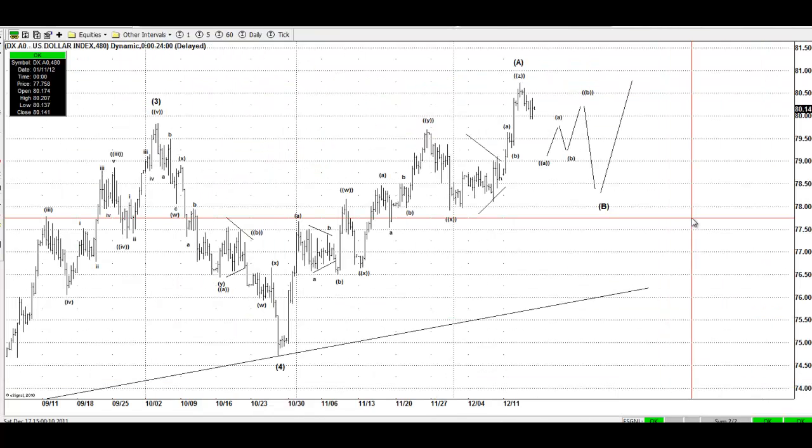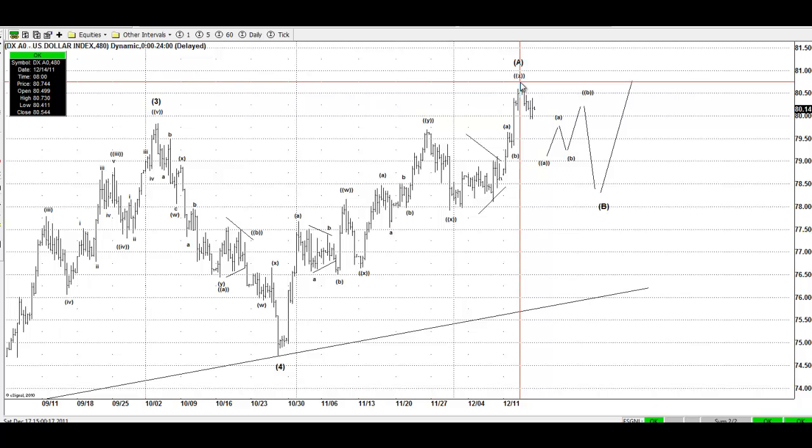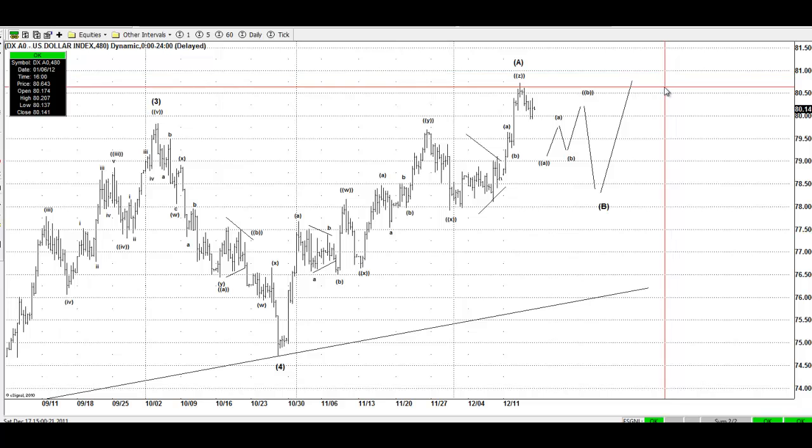Okay, the dollar index, we have two scenarios, like the euro. The one that says the top is in an A, and then from there it's going to be A, B, C, and higher. That's the first one.